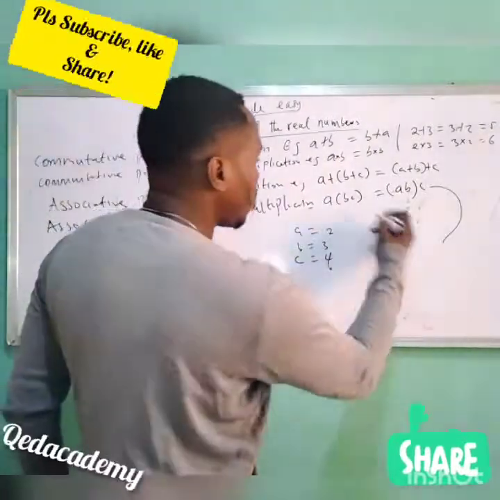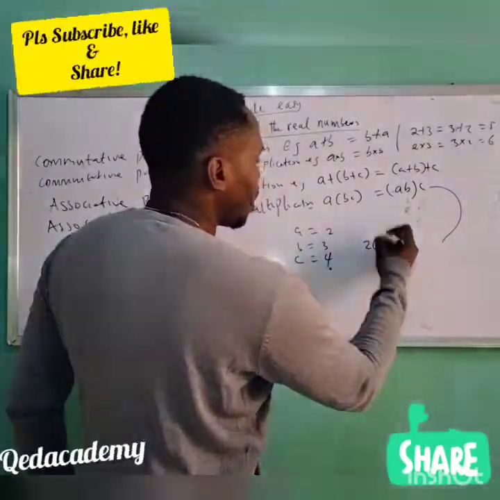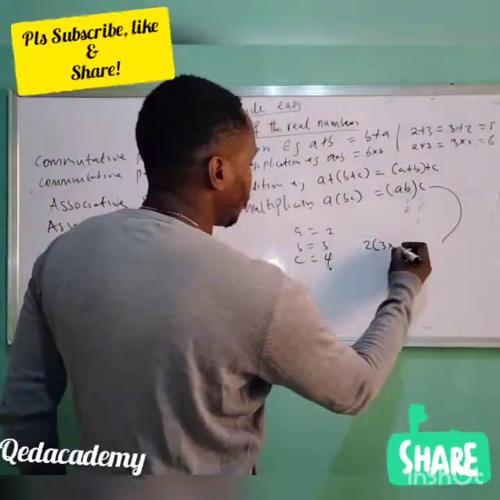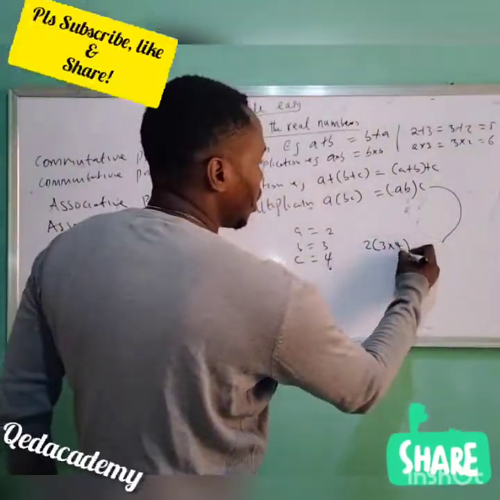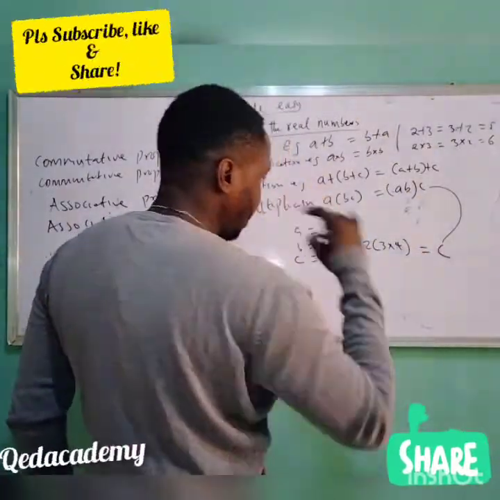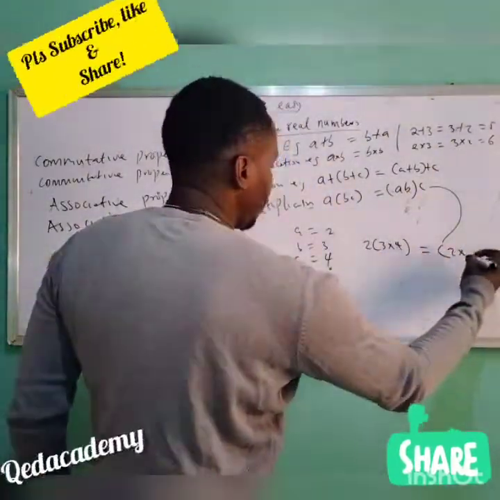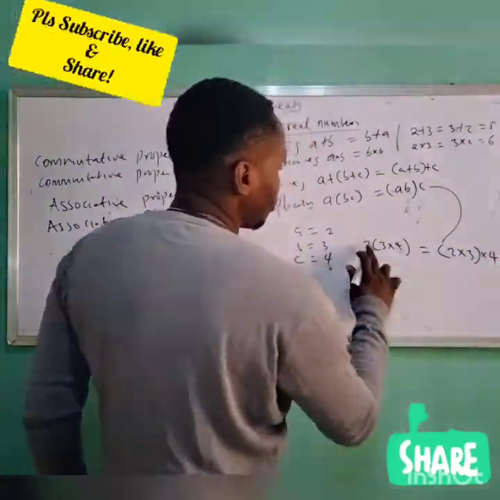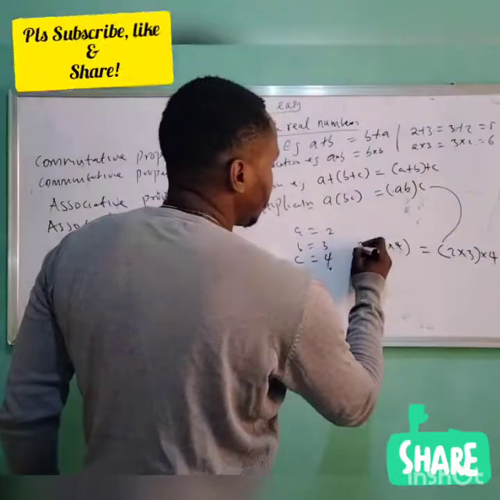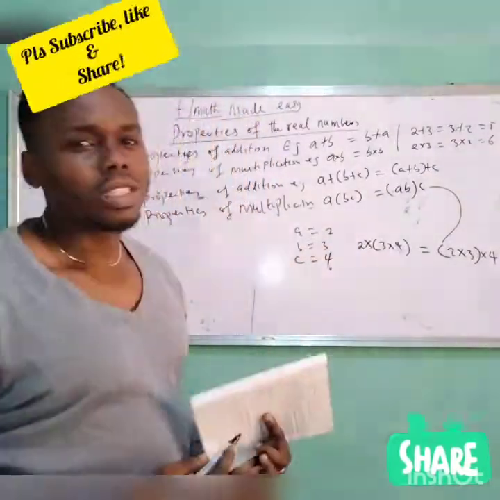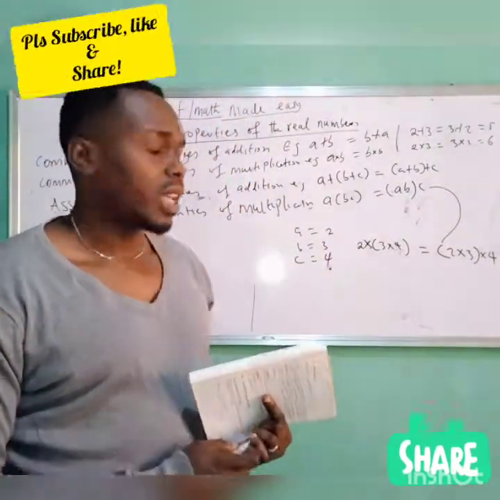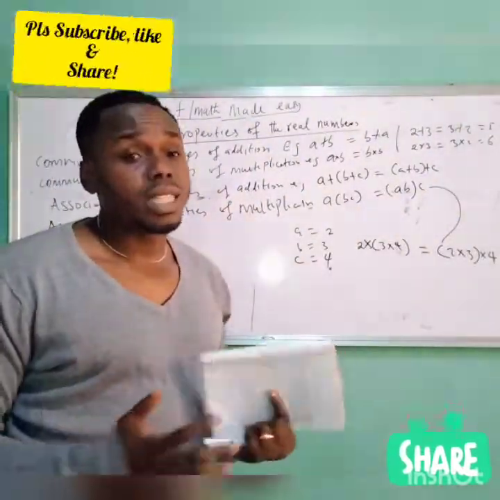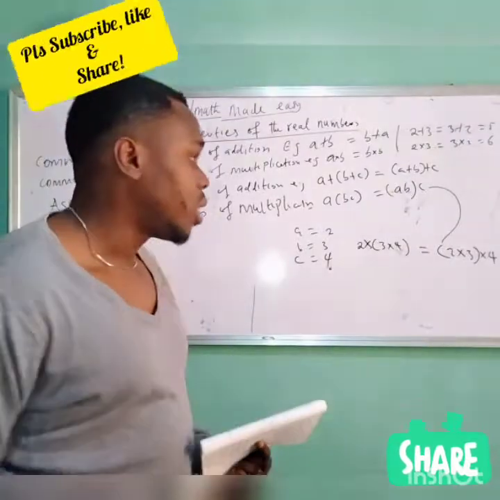So we come down to a is 2, b is 3, times c is 4, equal to bracket a is 2, b is 3, and c is 4. Take note there's a multiplication here, just for those that may not know watching this video, because this video should cater for everyone at any level of mathematics.